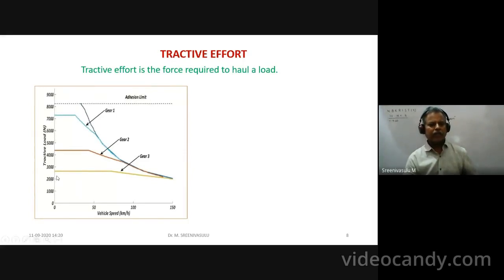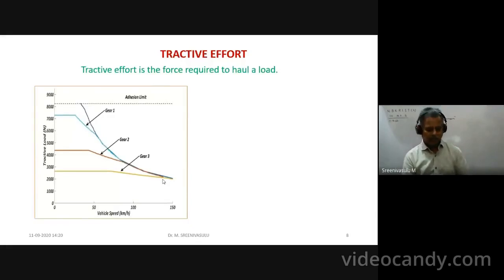If it comes down to 2,750, we shift to gear 3, and then proceed. So this graph gives us an idea about some type of vehicle, the requirements of tractive effort from the beginning, in between, and then to the end, for which we take the support of appropriate gear ratios.